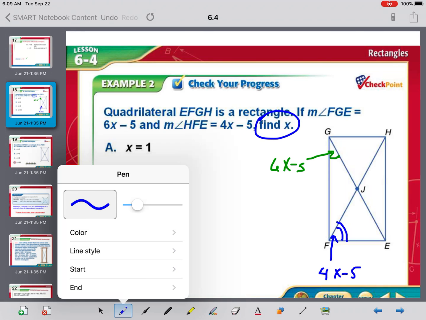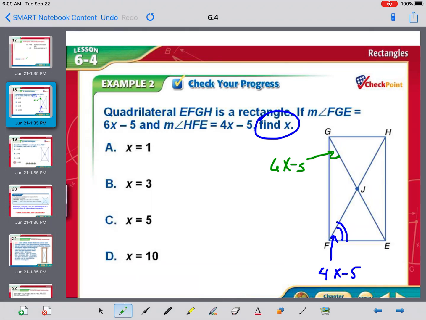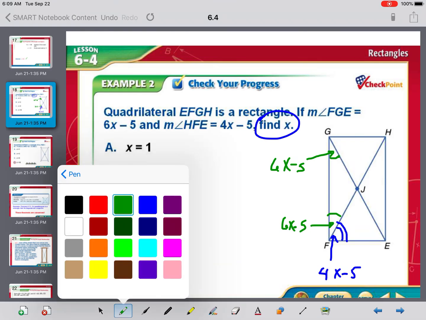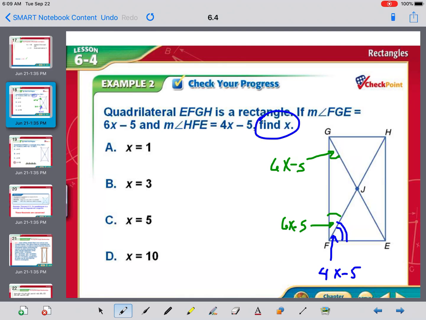Find x. Well, you probably at this point are like, well, yeah, these two angles are congruent, so that's 6x minus 5. And those two have to add up to 90, because it's a right angle.